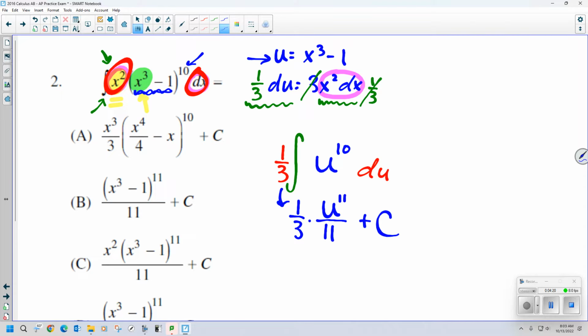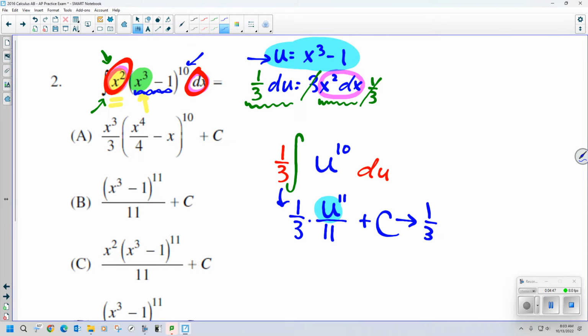The only thing I have left to do is to substitute whatever we took u out for back in. Meaning, u was x cubed minus 1. Well, I need to put my x cubed minus 1 back in for u. So I have 1/3.